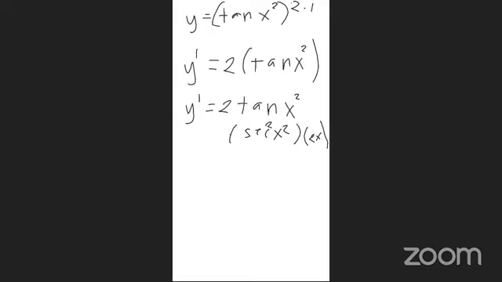So na 2x diri. So y prime is equals to 4x tan x squared niya sec squared, 4x times sec squared x tan x squared.